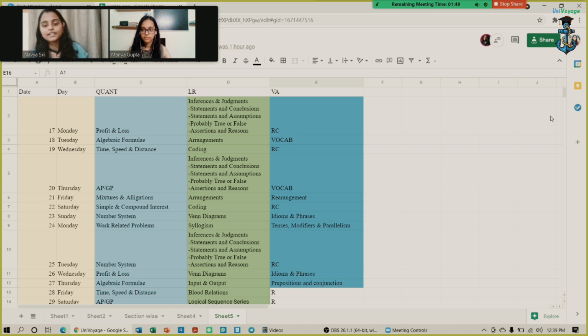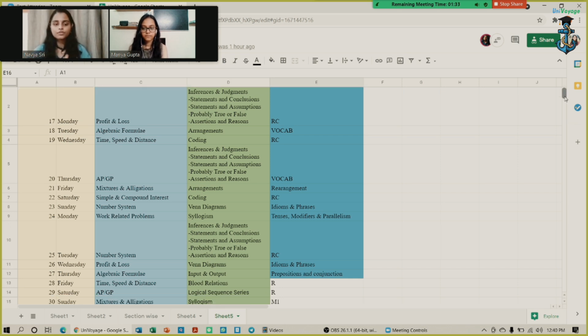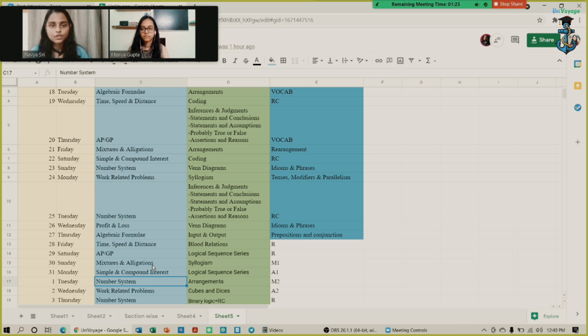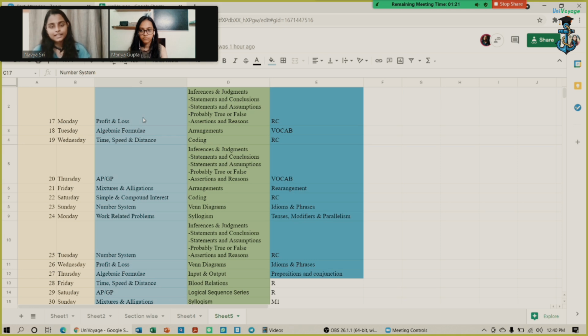Secondly, as I said, there is each topic given of each subject or each section per day, but it is not repetitive like the previous two sheets, wherein you start with profit loss first, and then after all the portions are almost done, you again go with profit loss and then again continue in the same way. What happens is, once you do the profit loss first time, you're doing the basic questions and basic formulae, and when you do it for the second time, you're going to do a bit complex and complicated sums.